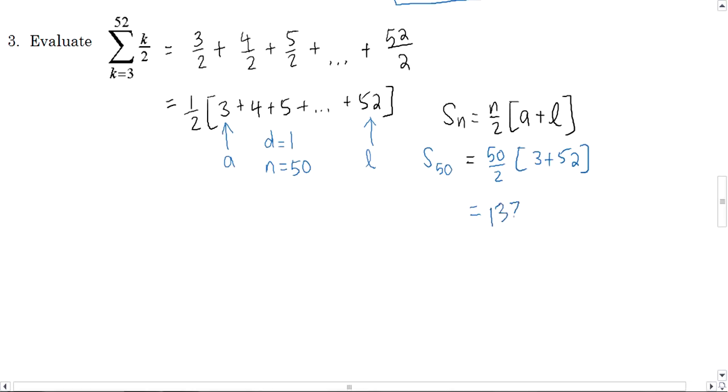Now that's not the answer, because notice here, 1375 replaces all of this stuff here. That's the answer for that piece. So if I were to sub this in, really the answer is half times 1375, which is 1375 over 2, or 687.5 as we got before.